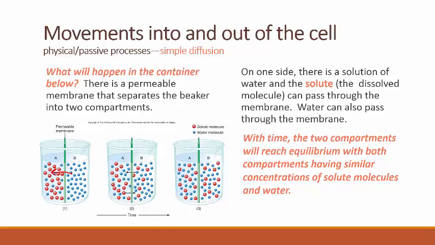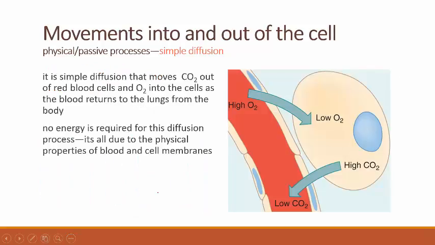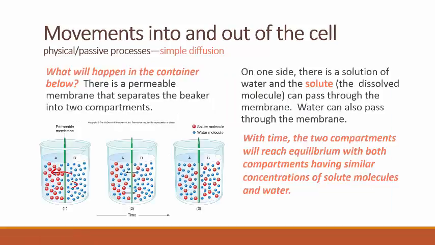The solute is in high concentration there on this side, and it would move to B because of moving from areas of high concentration to low concentration. So over time, with all this movement back and forth, we're going to see that the two compartments will come to an equilibrium in which they have similar concentrations of solutes.